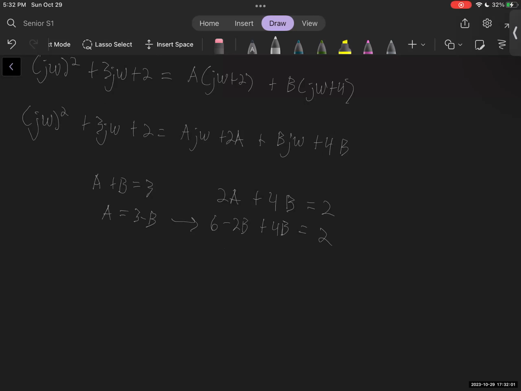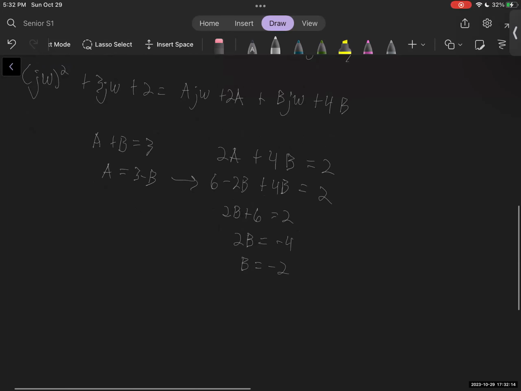Simplify this down to 2B plus 6 is equal to 2. Subtract over the 6 gives us 2B is equal to negative 4, which means B is equal to negative 2. Now we can substitute that back into our first equation and get A minus 2 is equal to 3, which gives us A is equal to 5.